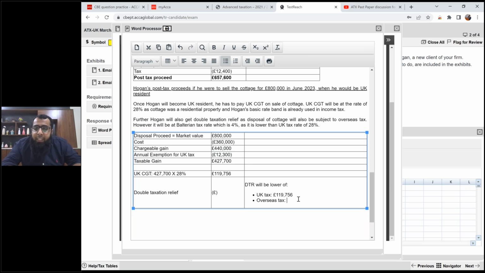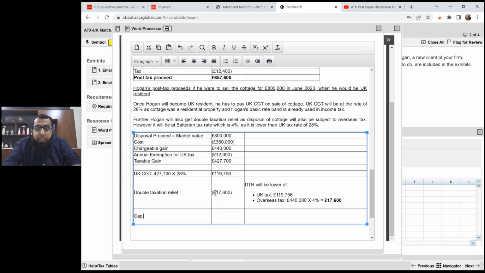So overseas tax will be on 440,000 into 4%. So the overseas tax will be on the chargeable gain, 17,600. So obviously this is the lower of the two, 17,600.